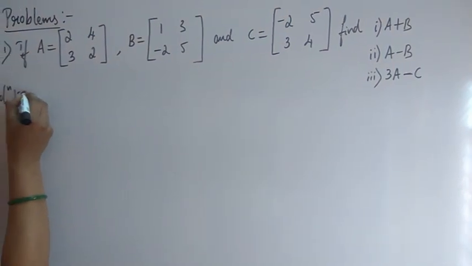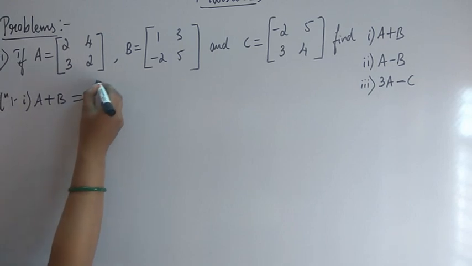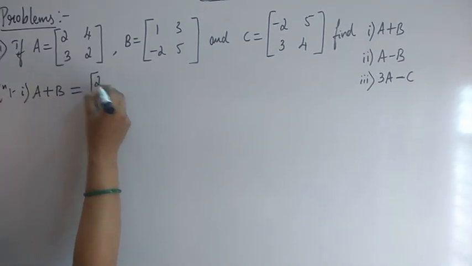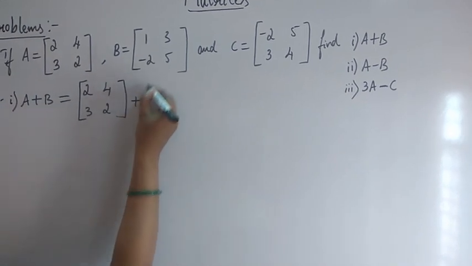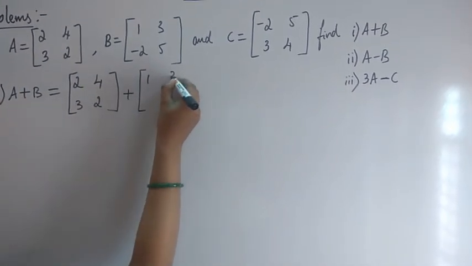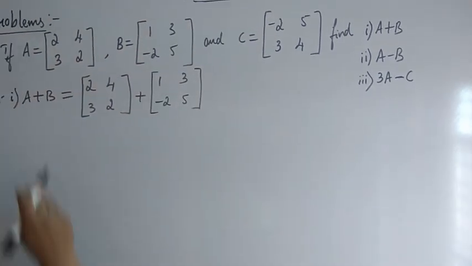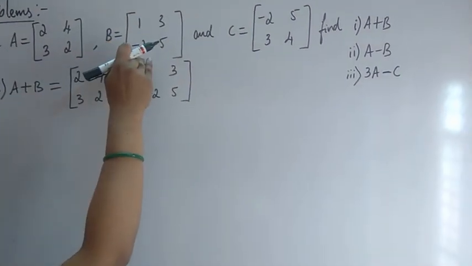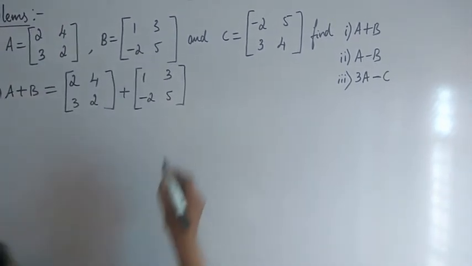The first one is A plus B. A plus B equals matrix A, 2 4 3 2, plus matrix B, 1 3 minus 2 5. Here we can observe matrix A and matrix B have the same order, 2 cross 2. That means we can add easily.